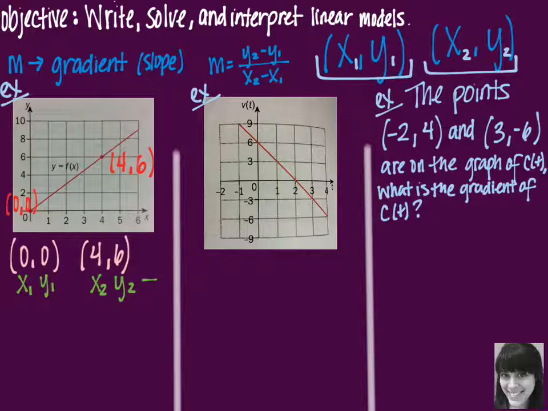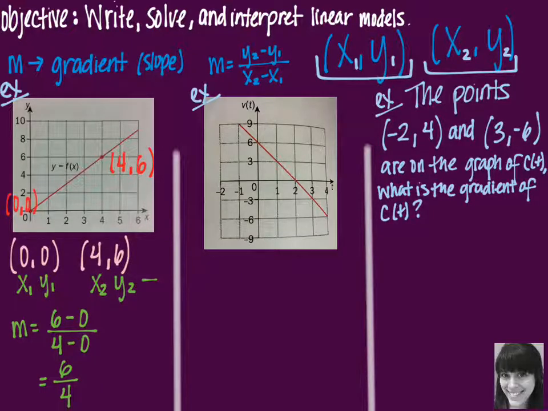Now that I have them labeled, all I have to do is put them into this formula. Okay, so m equals y2, which is 6, minus y1, which is 0, all over x2, which is 4, minus x1, which is 0. 6 minus 0 is 6, and 4 minus 0 is 4.